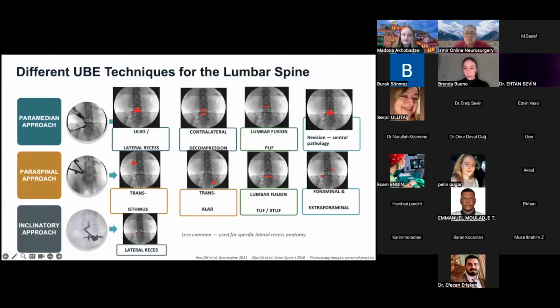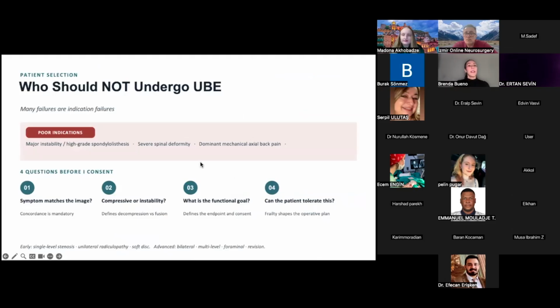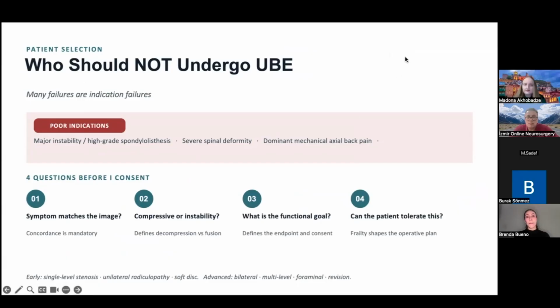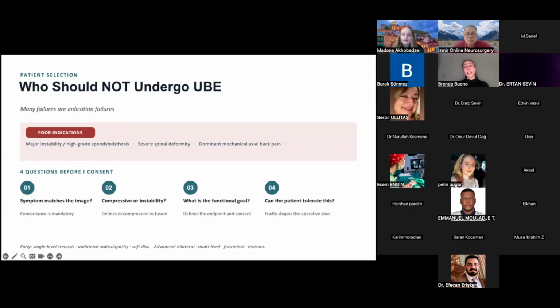Right. And now we know the indications and contraindications. There are really very few contraindications, and they are relative.